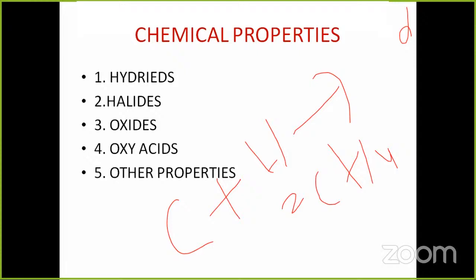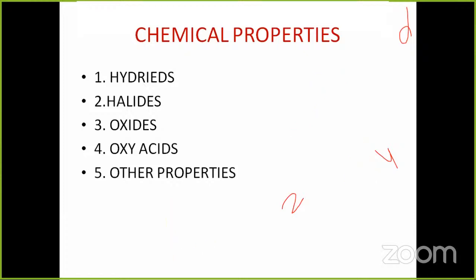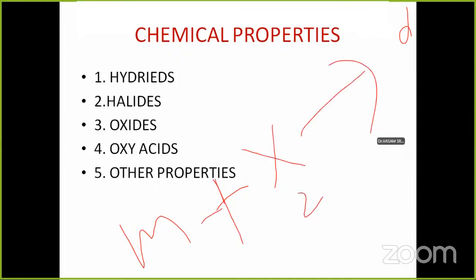Now come to the next one, halides. Very simple. Take a group element M that interacts with a halogen, the halogen symbol X, to give M plus X2. X2 means halogens.